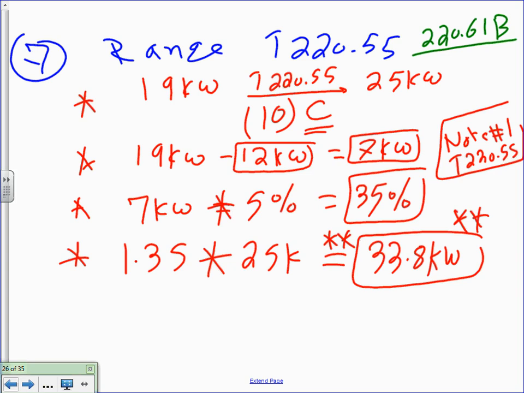It just tells you that anything higher than 12, you add 5% extra for every 1 kW. Okay, moving on to the next step.